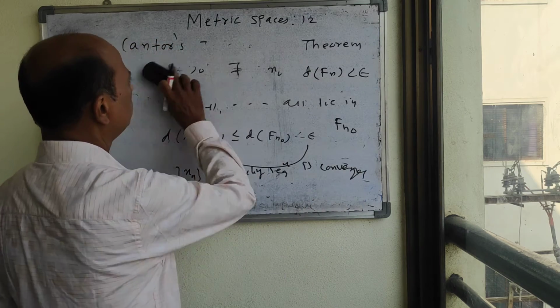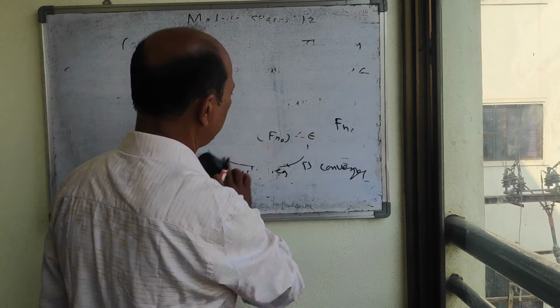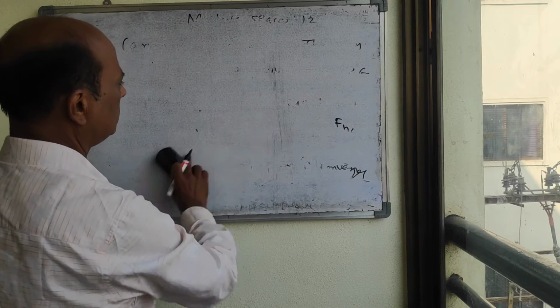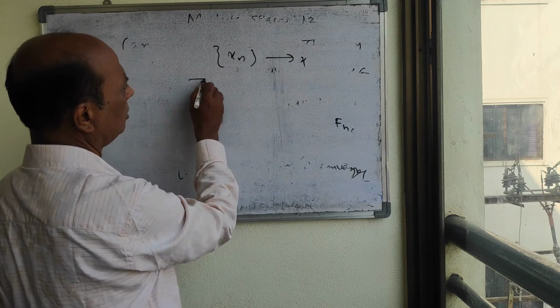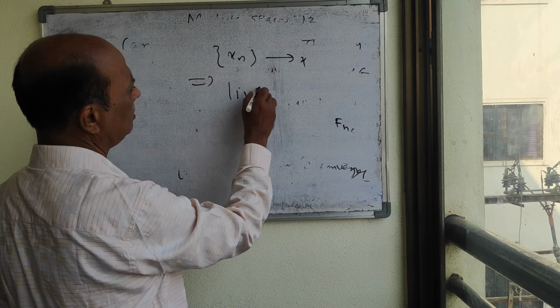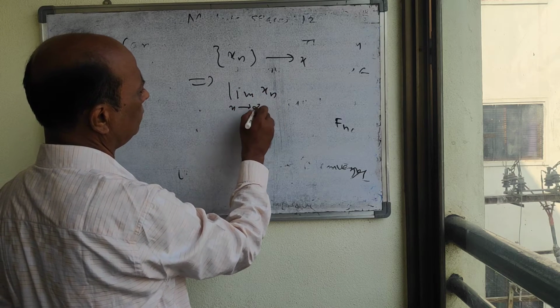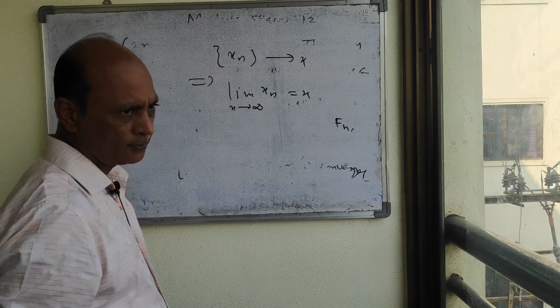Convergent means it must converge to some limit, that is, this sequence xn converges to x, or in other words, the limit of xn as n tends to infinity is equal to x.